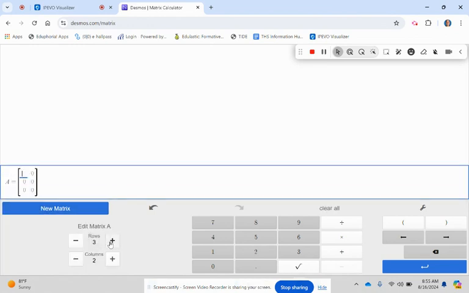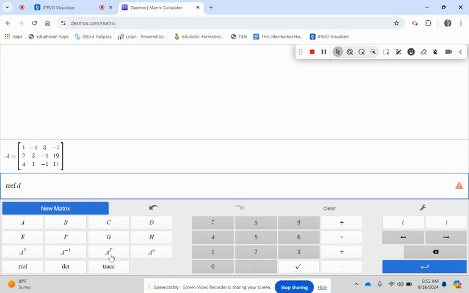New matrix. So 1, negative 4, 3, negative 7, 2, 3, negative 5, 19, 4, 1, negative 1, 17.